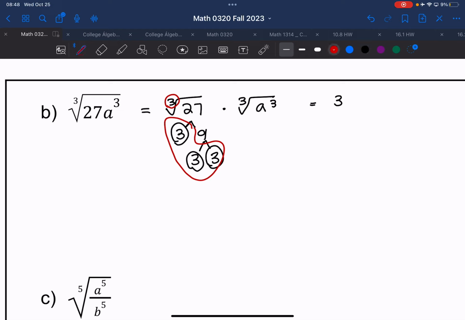Good, because they match, 3 and 3. If they match, they cancel and we're just left with a. Does any of this need to be in absolute value bars? No. Why not? Because the exponents are odd. Good, because the nth root is odd. So 3a.